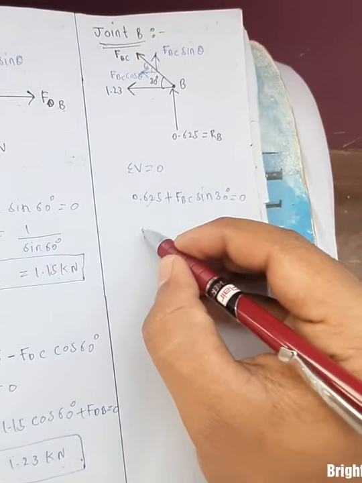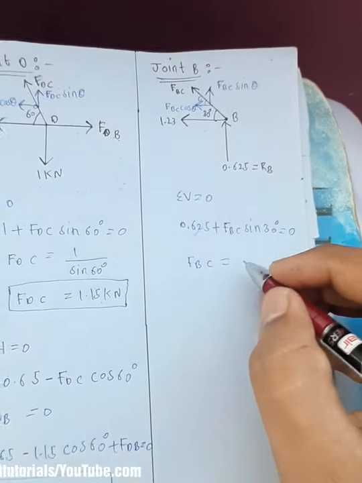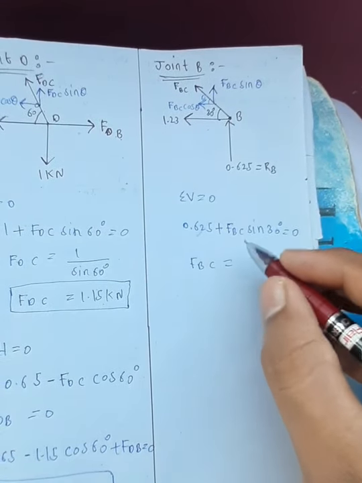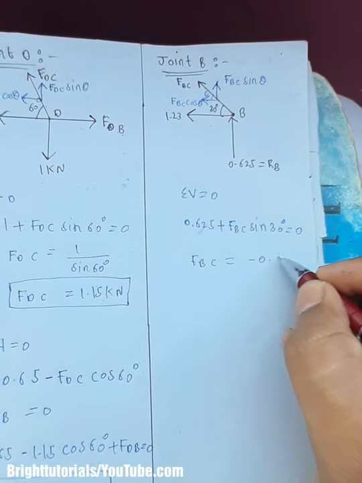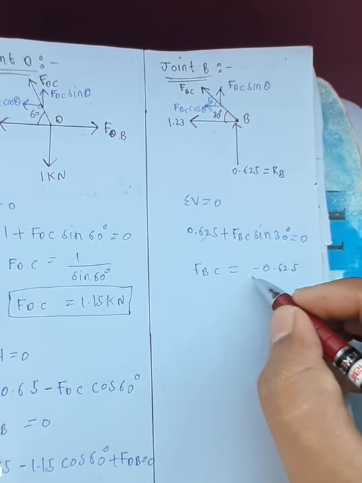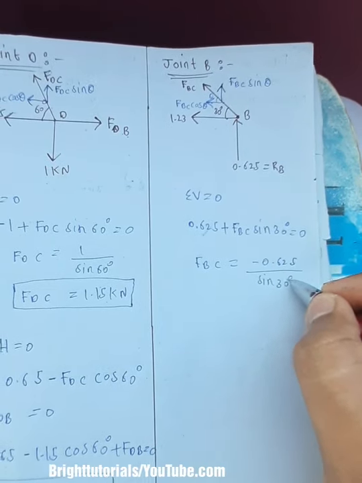So now FBC equals to minus 0.625 by sine 30 degrees.